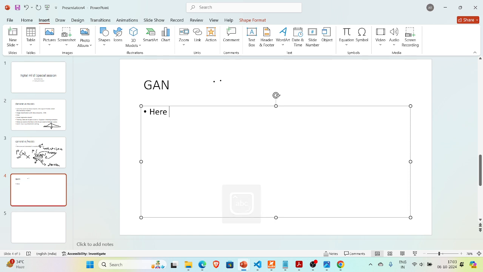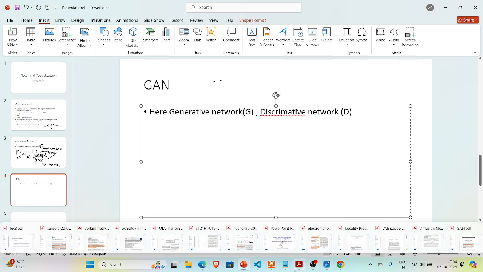Inside this GAN model, one is a generative network and another is a discriminative network, both inside a single model. The discriminator is represented by D in the paper, and the generator is represented by G.